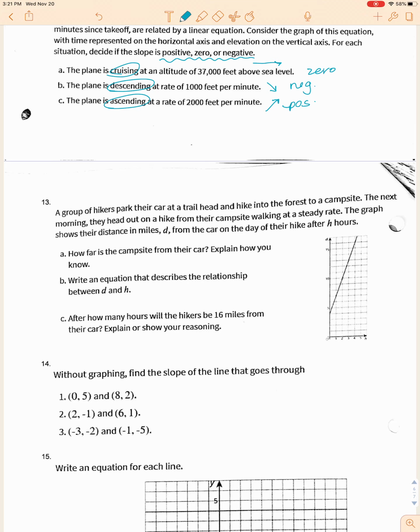So the point at which they start is their campsite. A is asking how far is the campsite from their car. So where do they start on their hike, which tells me how far their distance is from the car. And then B, you're going to write the equation for the relationship. So go ahead and answer A, B, and C.